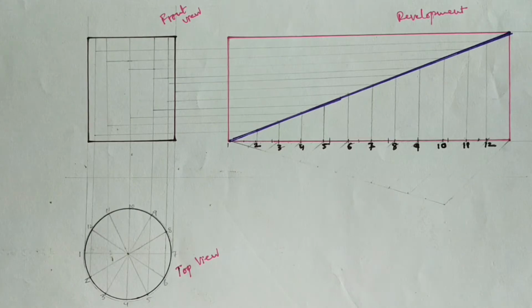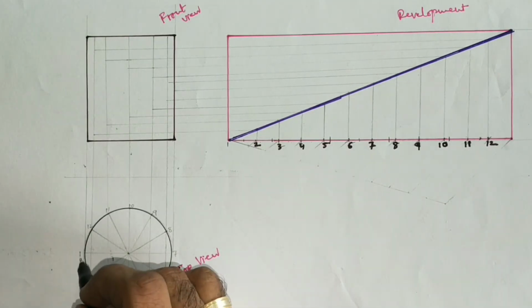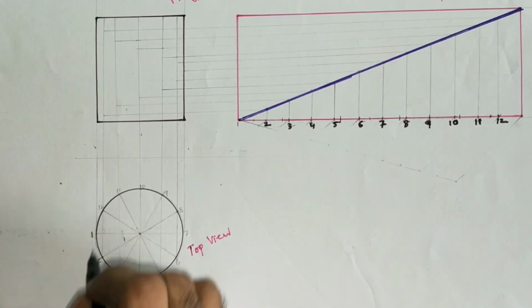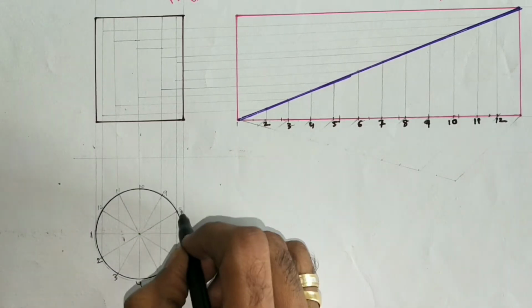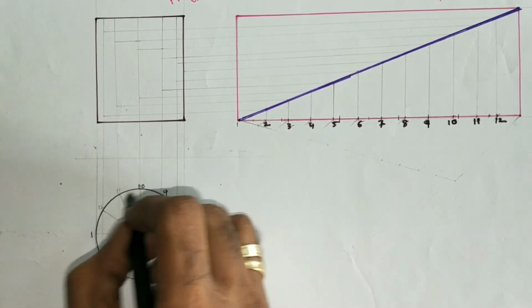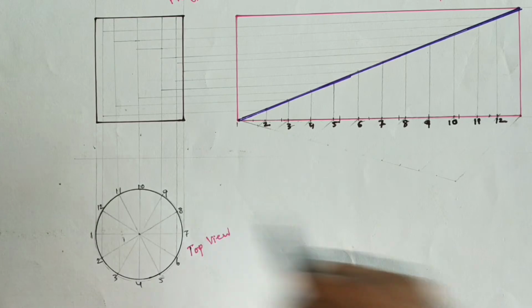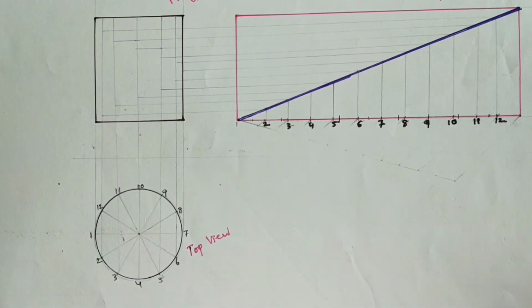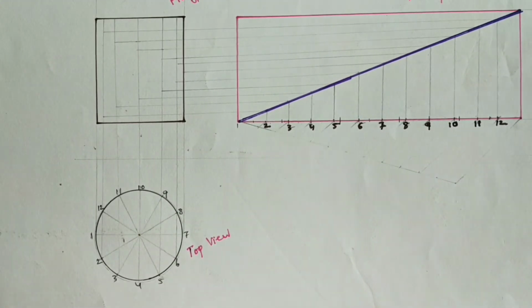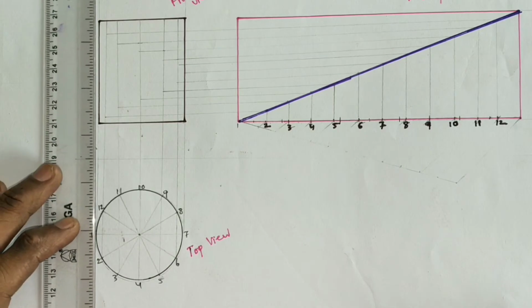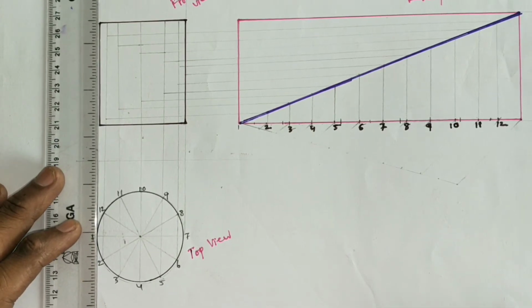Now I have already done some preliminary work. I have divided the circular base into 12 equal parts: 1, 2, 3, 4, 5, 6, 7, 8, 9, 10, 11 and 12. After that, from each division on the circle, we have to draw the vertical lines onto the front view.